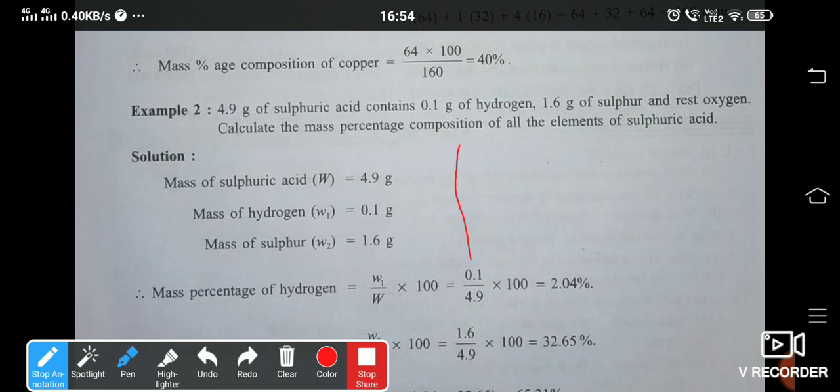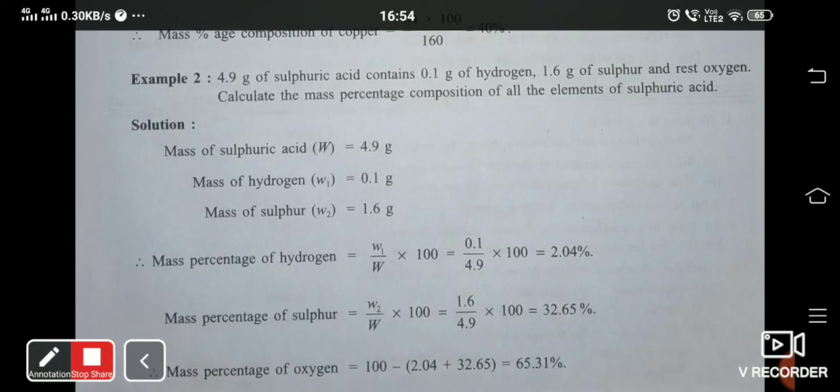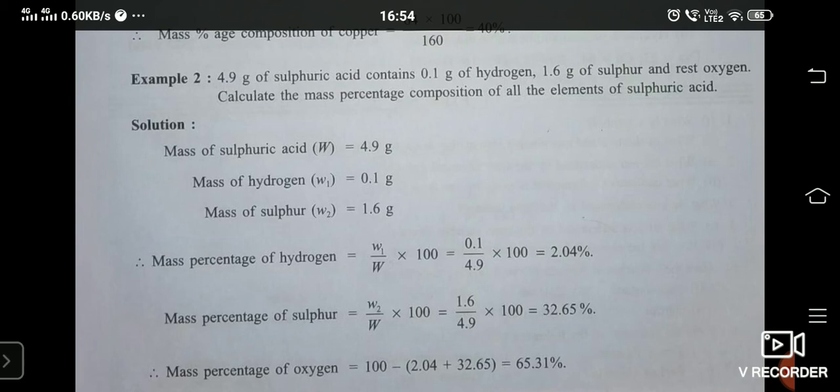To calculate mass percentage of hydrogen, it will be W1 upon W. Now what is W1? It is the mass of hydrogen. What is capital W? Mass of sulfuric acid, into 100. That is 0.1 upon 4.9 into 100. When you calculate it, you will get the answer as 2.04.